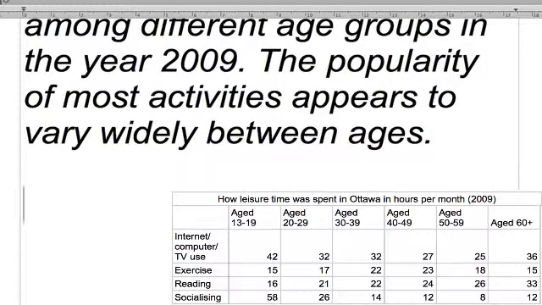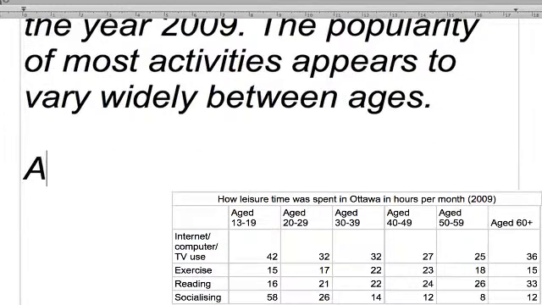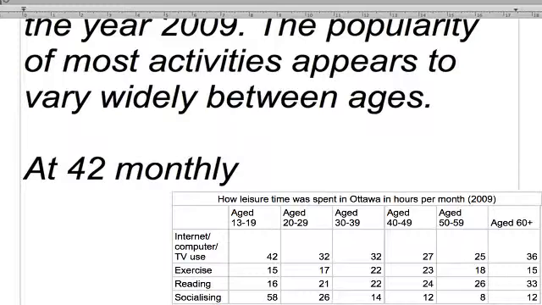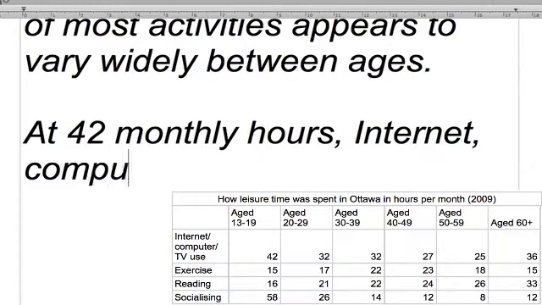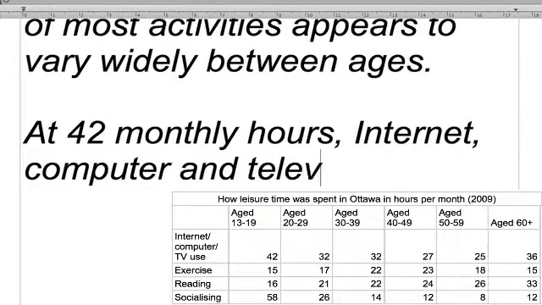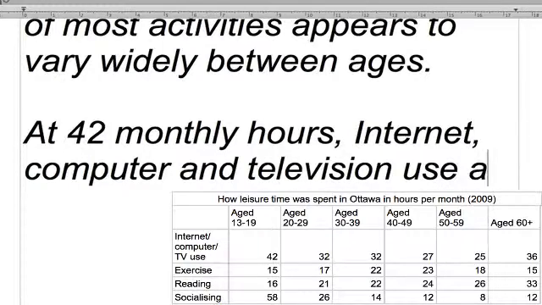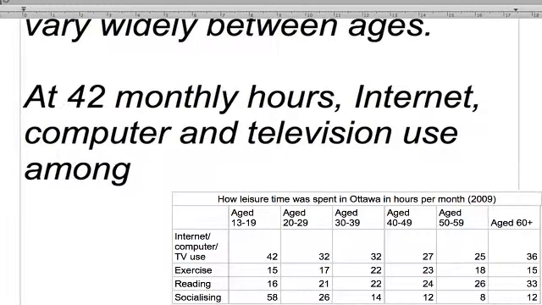Okay, now let's start by looking at internet, computer, and television use and the manner in which it declines in popularity as age increases. So at 42 monthly hours, we might say, when referring to the first figure there for people aged 13 to 19, internet, computer, and television use among teenagers, I guess, would be an accurate word to describe 13 to 19 years old.